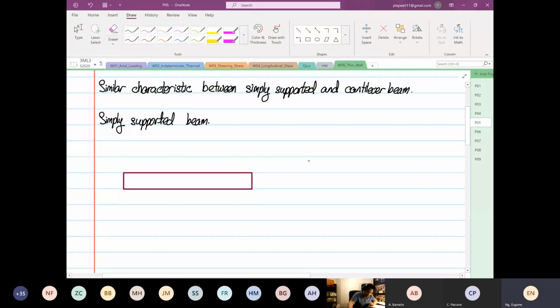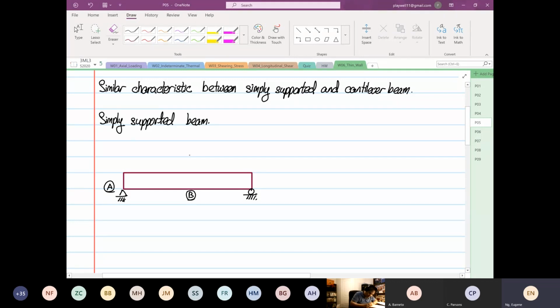So this is my beam, and then we will have again point A, point B, and we have point C, right?